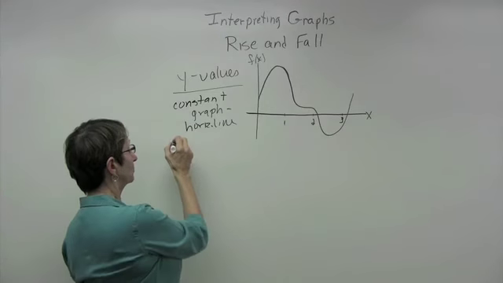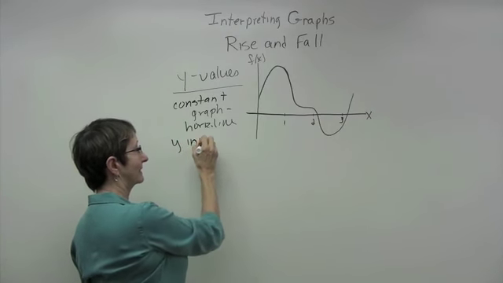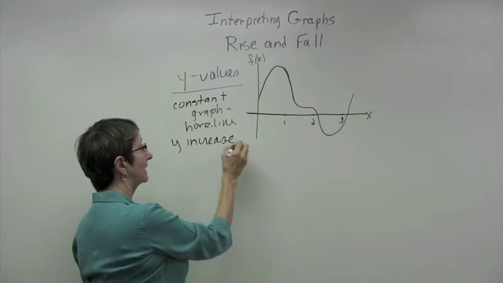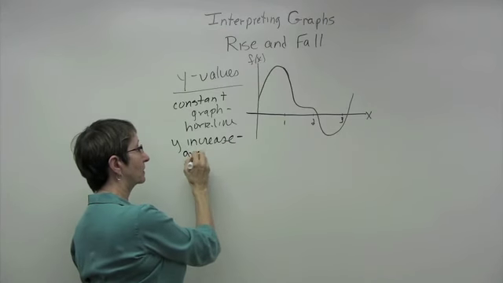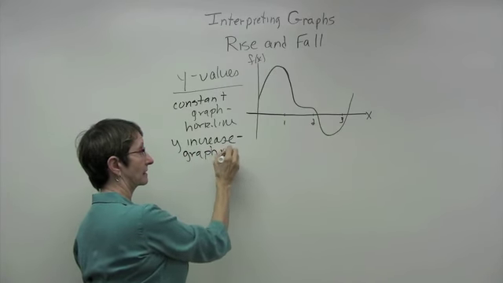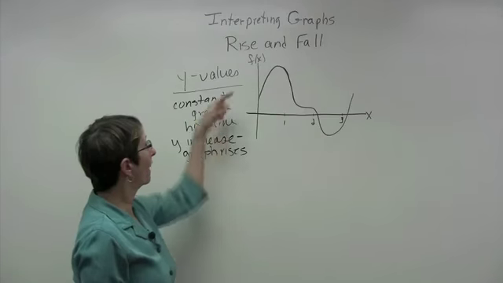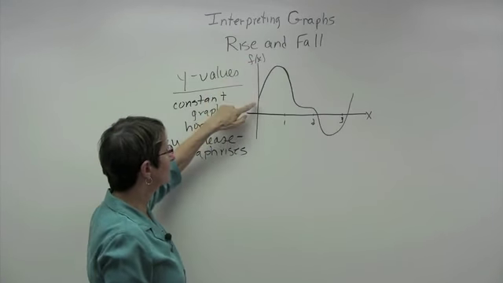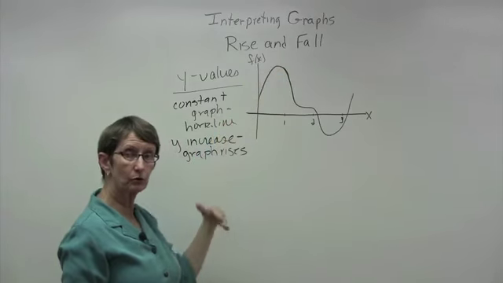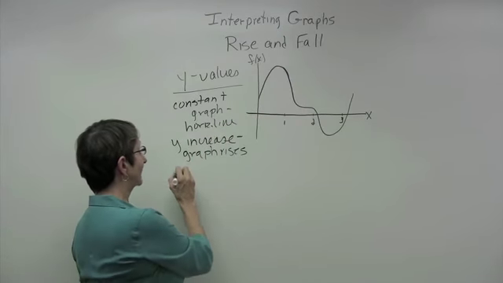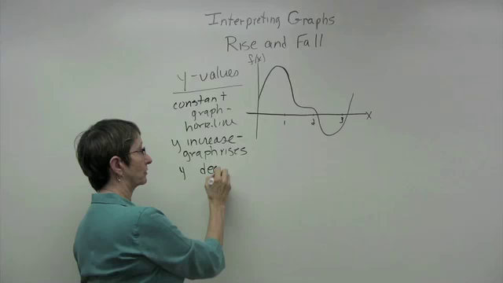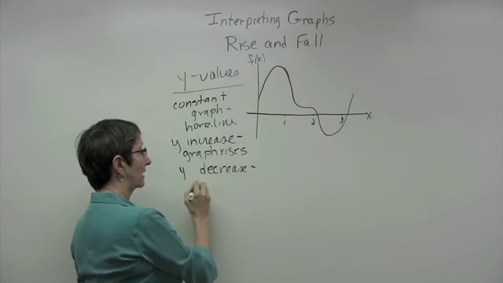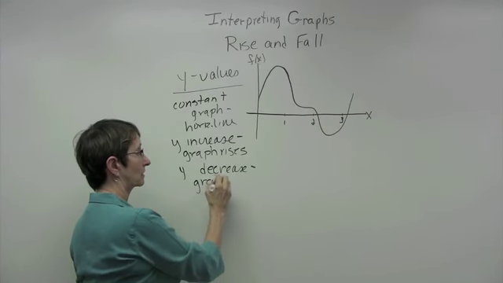If the values for y increase, then the graph rises. So if the y values are getting bigger, as you connect those dots, the graph rises. And if y values decrease, then the graph falls.